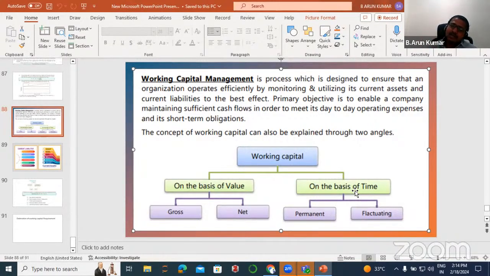On the basis of time, we see how much time an amount is blocked in short-term current assets and in current liabilities, how much money we block and how much we are paying. This is calculated taking one year as constant, and within that year how many days the amount is blocked. On the basis of time, we calculate permanent working capital and fluctuating working capital.